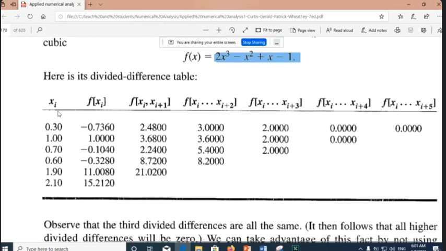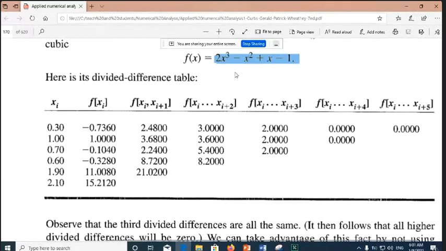At point xi, the value of fi really follows this equation or this function. For example, when we substitute x by 1, we can easily get 2 minus 1 plus 1 minus 1 is equal to 1.